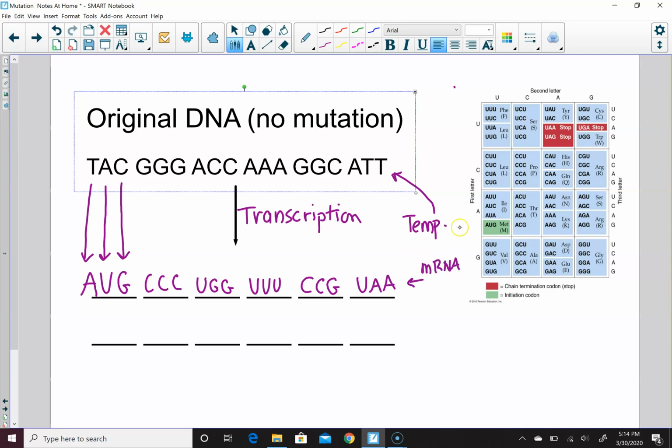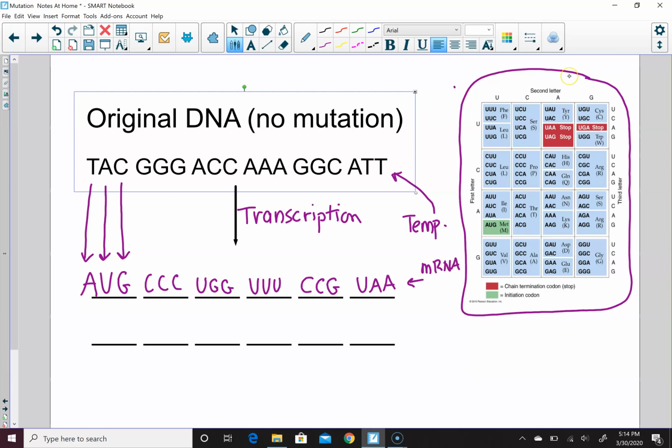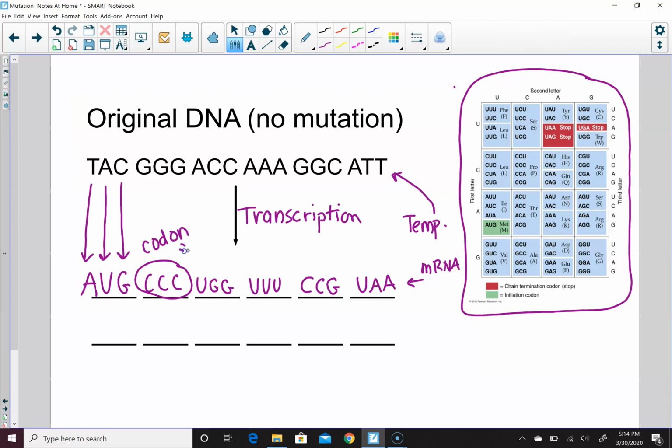Now I'm going to use this thing over here, which is known as the universal genetic code. What we learned is every 3-pack of letters on the mRNA is known as a codon. Each codon is going to equal 1 amino acid.